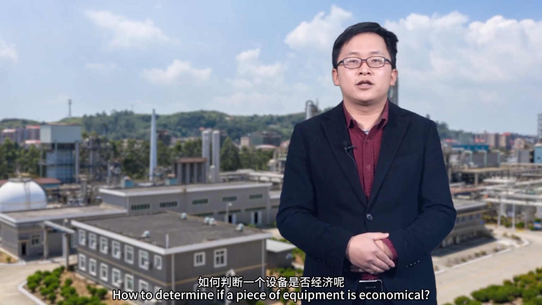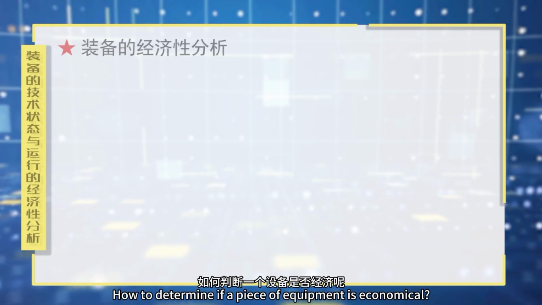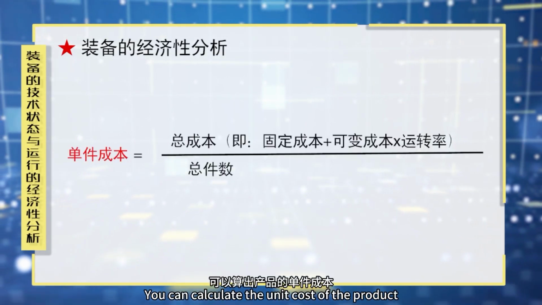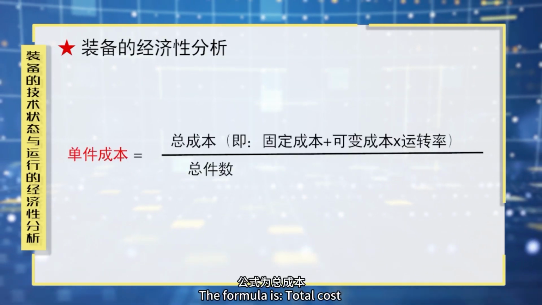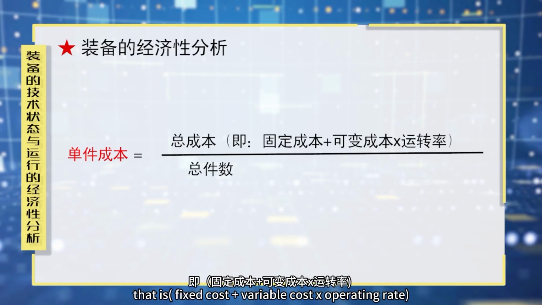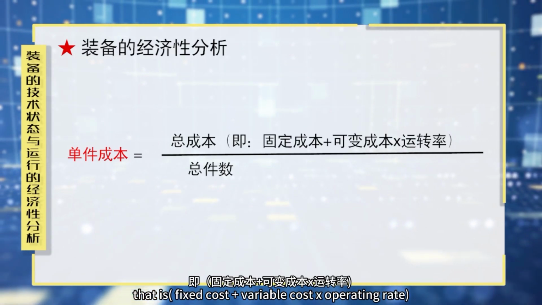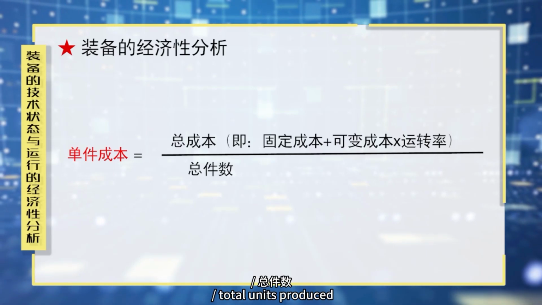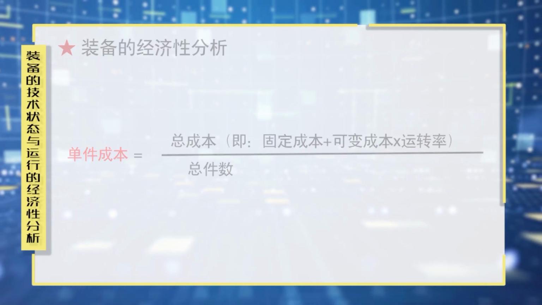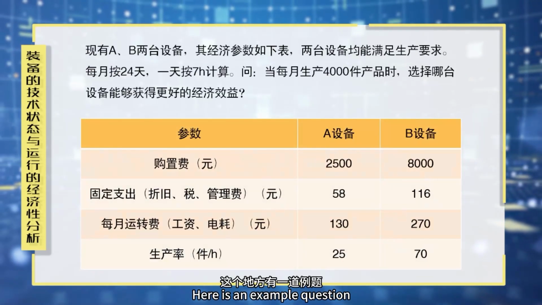How to determine if a piece of equipment is economical? You can calculate the unit cost of the product. The formula is total cost, that is, fixed cost plus variable cost multiplied by operating rate, divided by total units produced. Here is an example question.